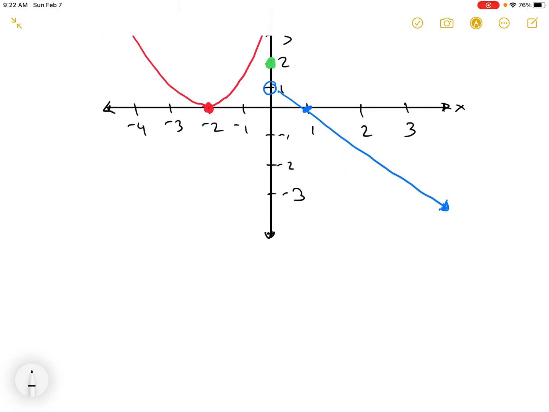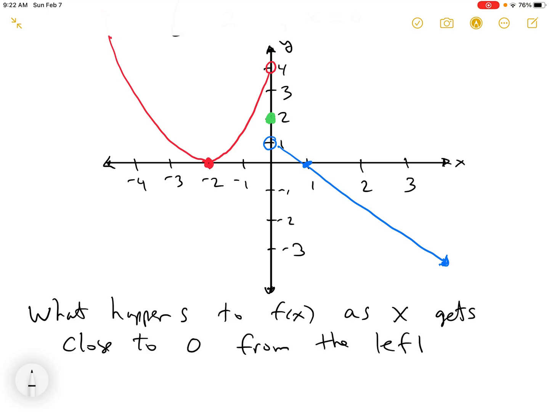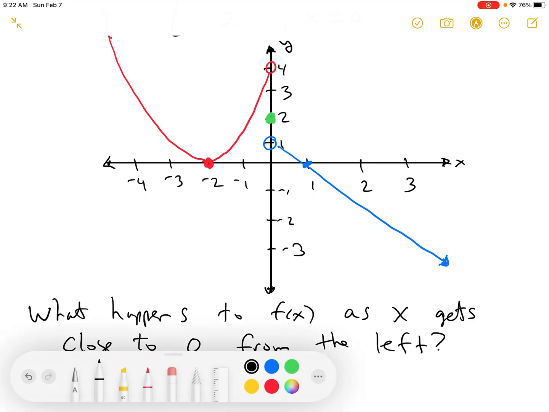So what happens to f of x as x gets close to 0 from the left? Okay, let's look at this.